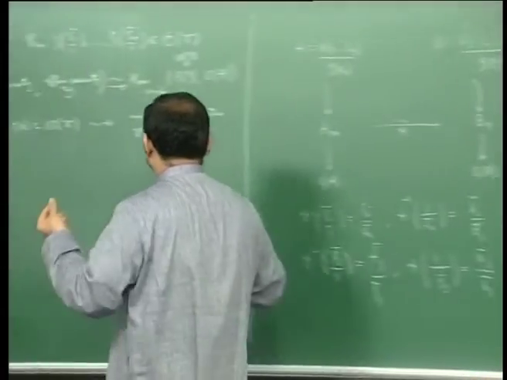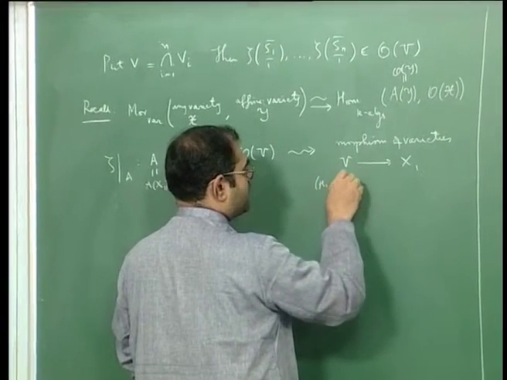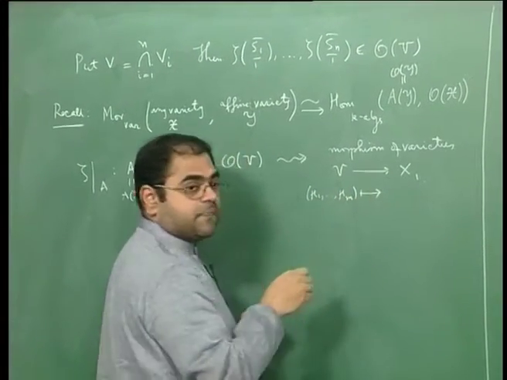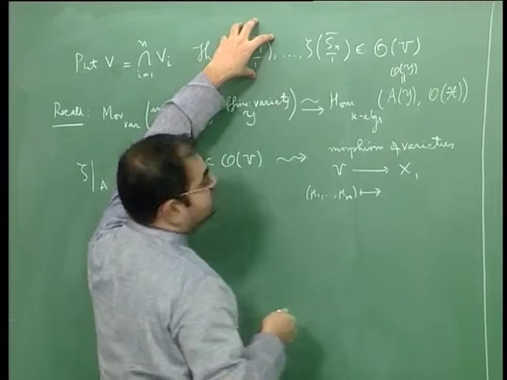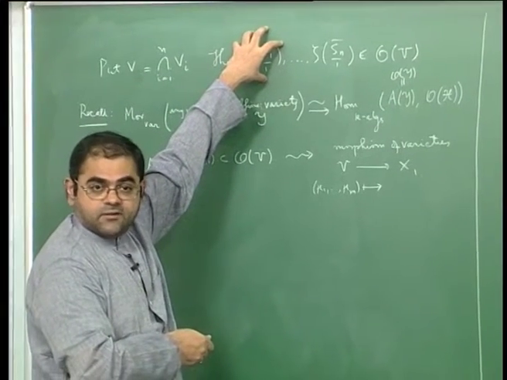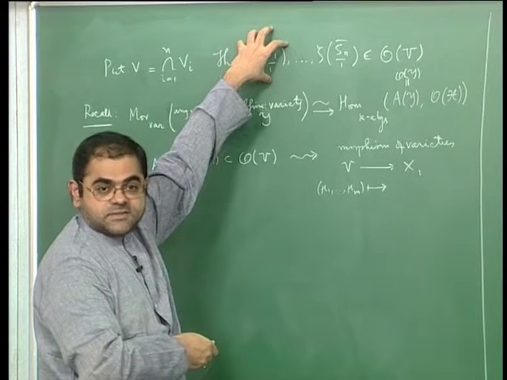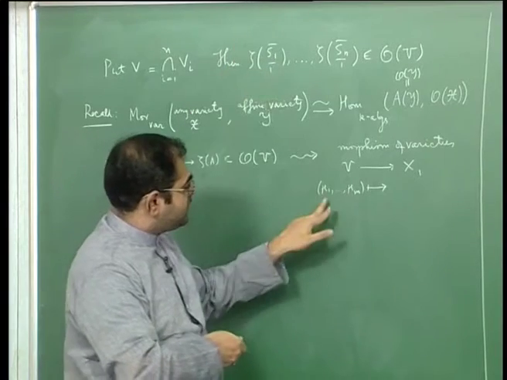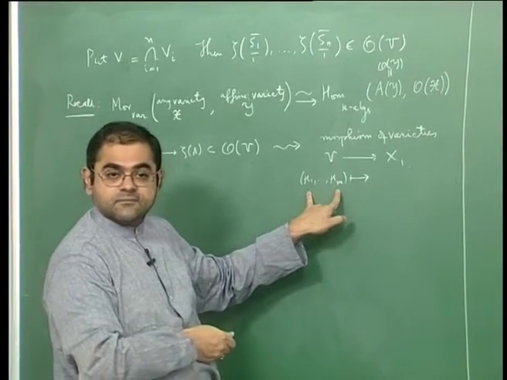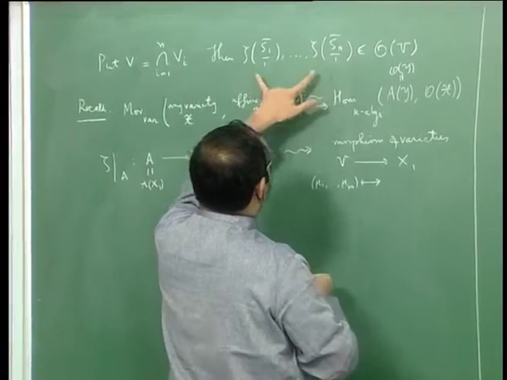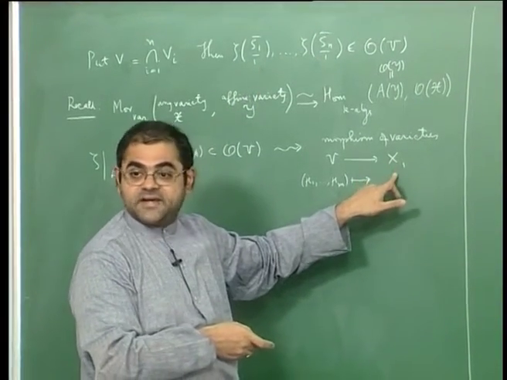You just take this point of V with m coordinates mu1 and so on up to mu m, and these are all regular functions on V, so they are given by quotients of polynomials in m variables, and you substitute for those m variables these values. That will give you an n tuple, and that n tuple will land inside x1.